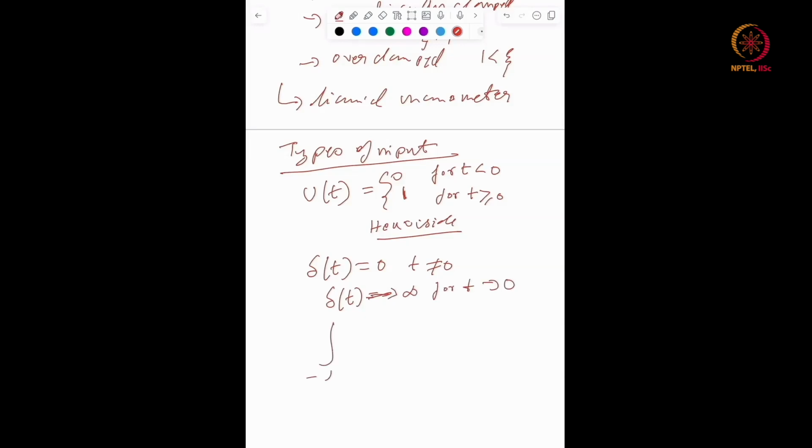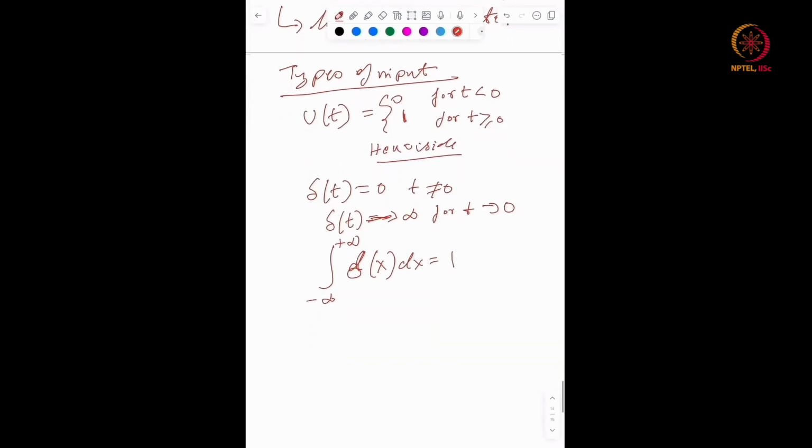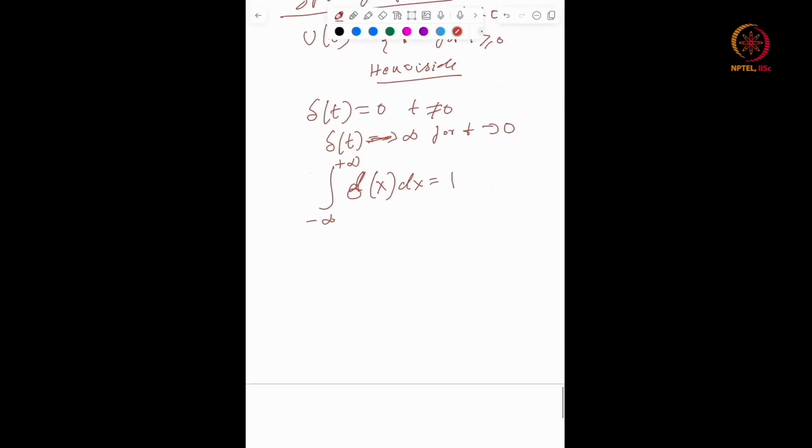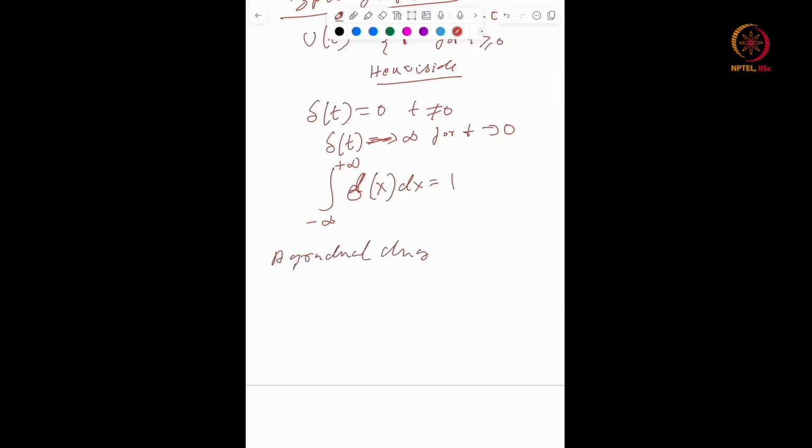The idea is that the integral of delta x dx from minus infinity to plus infinity is equal to 1. So this may be idealized as a sudden impulse that lasts for a very small instant before it returns to the original level. You can also have a gradual change. So this is for an impulse.